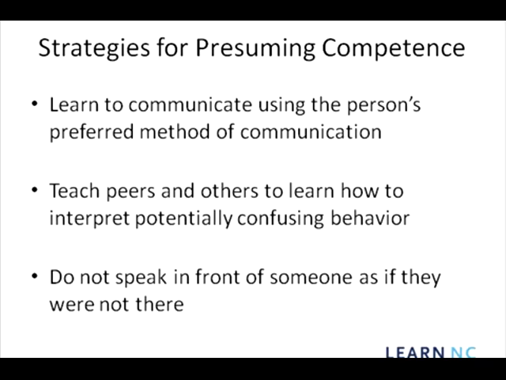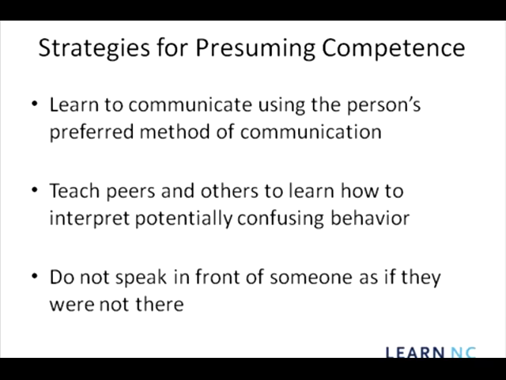Also, when you're looking at presuming competence, it's good to learn to communicate using the person's preferred methods of communication, whether that be verbally, American Sign Language, even if it's learning a couple of signs, or picture symbols to communicate. Some students use speech-generating devices or voice output devices.